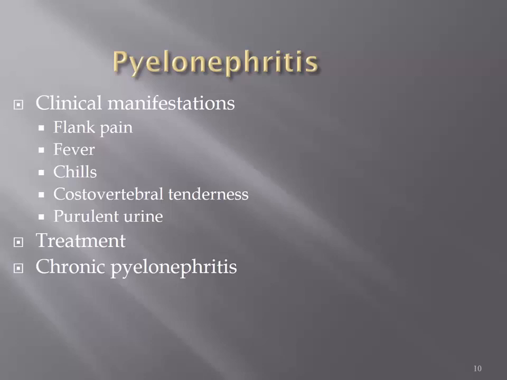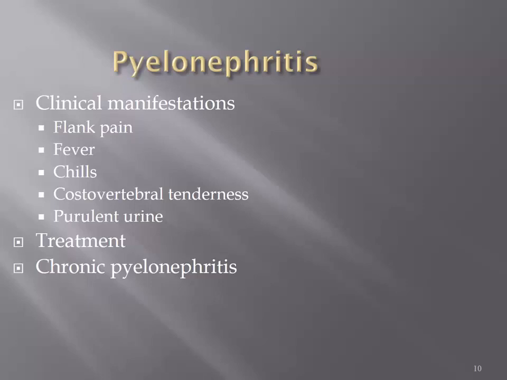Chronic pyelonephritis usually may be related to some chronic obstructive source or chronic urinary retention, so it also needs to be treated. Treatment is antibiotic treatment. In uncomplicated cases, you may opt for treating it as an outpatient, but if it's a complicated case, you may consider hospitalization of the patient.